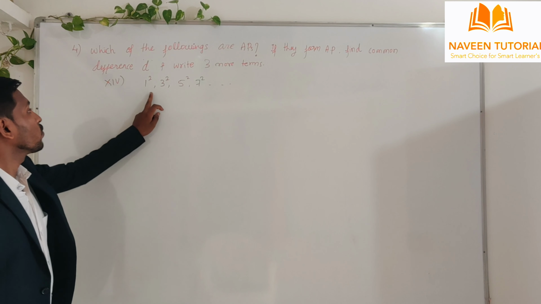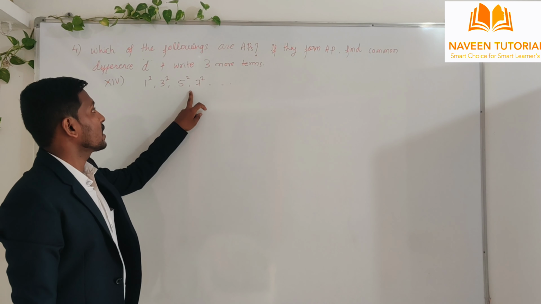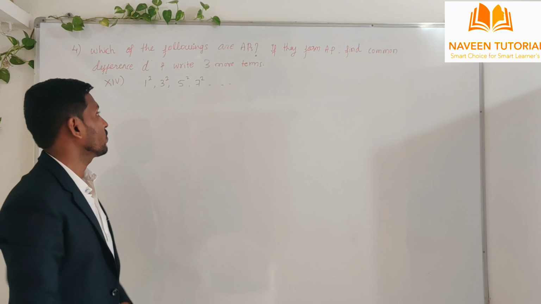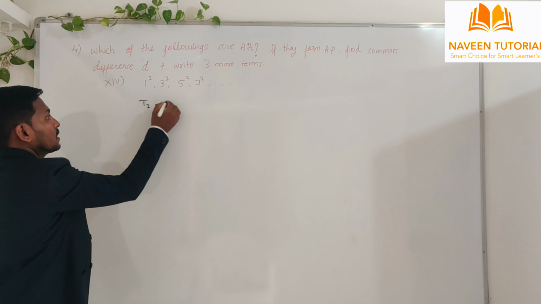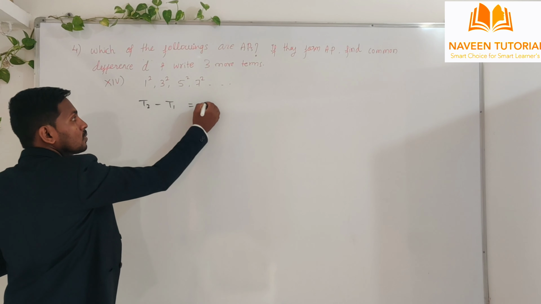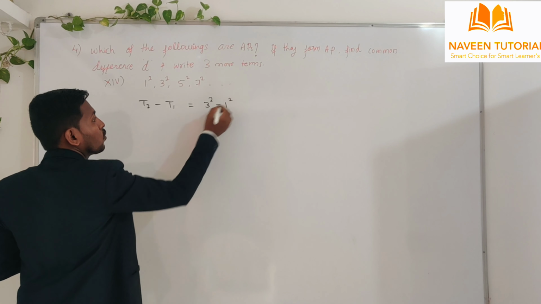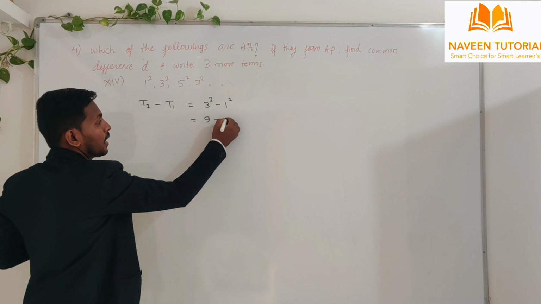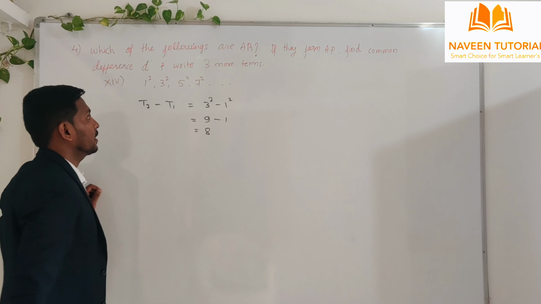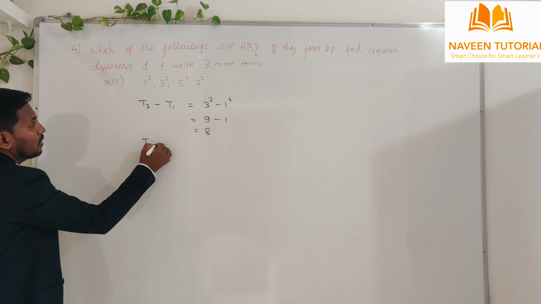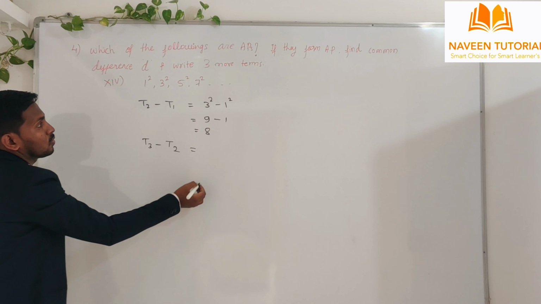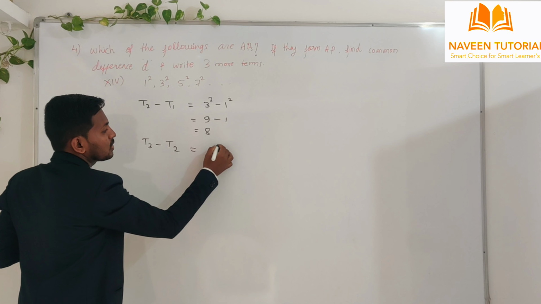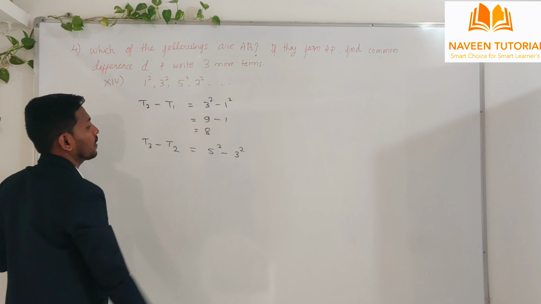Here 14th question: 1 square, 3 square, 5 square, 7 square, up to so on. First you have to go T2 minus T1, that is equal to 3 square minus 1 square. The 3 square value is 9, minus 1, that is 8. Now T3 minus T2 is equal to 5 square minus 3 square.